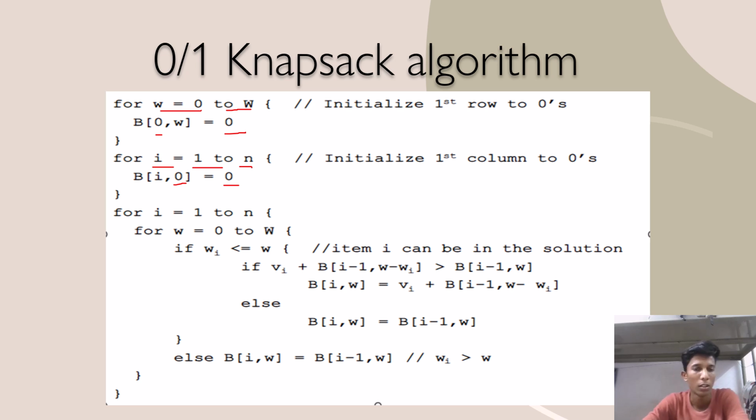In the last condition, if an item is there and the weight of the bag is also there, first you check whether the weight of the item is less than or equal to the weight of the bag. If it is true, you can insert the item and add the profit of that item. If it is false, you take the previous value.